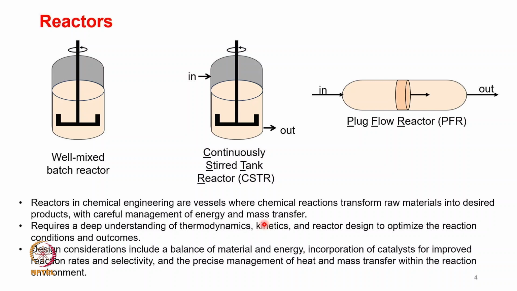We will look at some of the concepts that you may know earlier to compute the volume of three specific reactors, as we see over here: the well mixed batch reactor, a continuously stirred tank reactor, or continuous stirred tank reactor as people call it, which is CSTR, and a plug flow reactor.